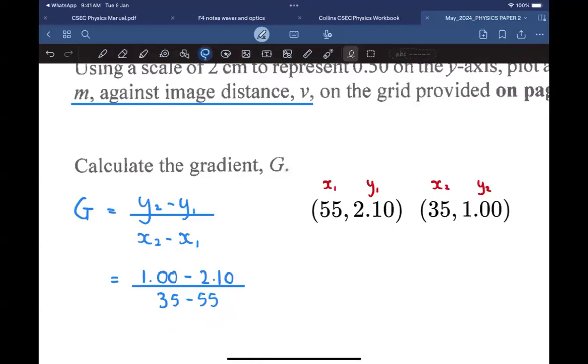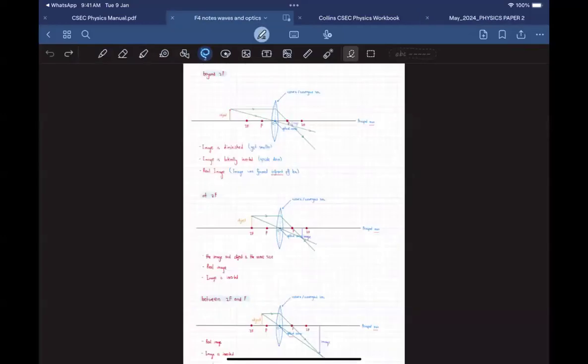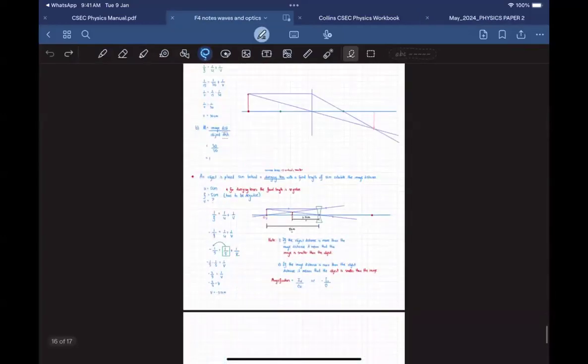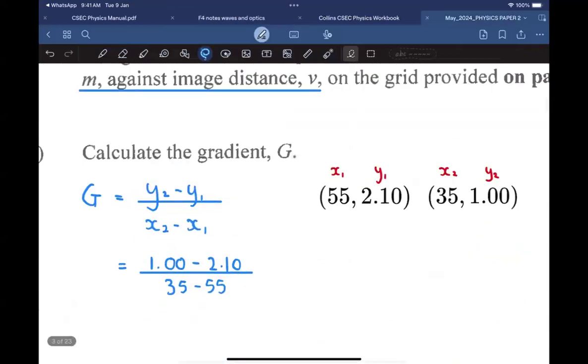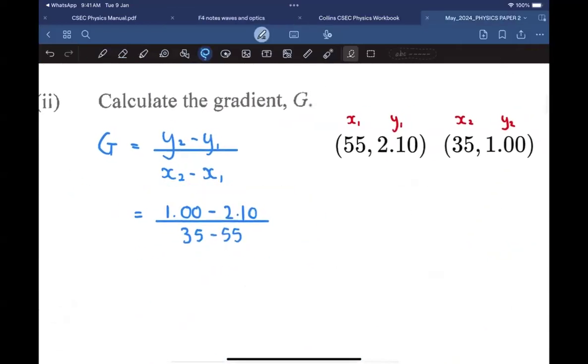If you remember from the last question, the focal length had to be negative, and that was for a divergent lens. But over here, we have a convergent lens, so whatever answer we get is supposed to be positive. Plug that into the calculator, and let me know what you get.